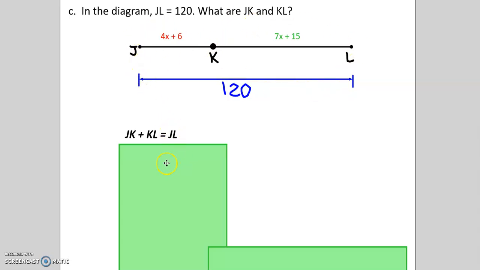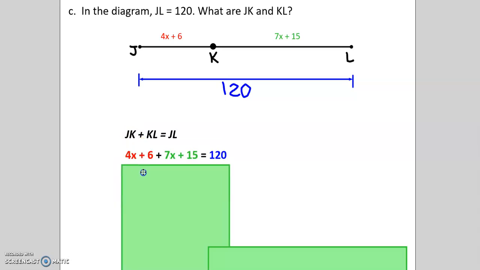Then we substitute in these expressions for the segments. I'm not going to keep writing JK, I'm going to write 4x plus 6 in for JK, and then 7x plus 15 for KL equals JL, which is 120.